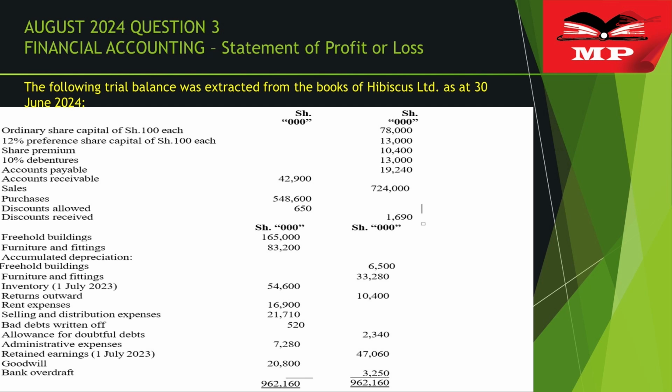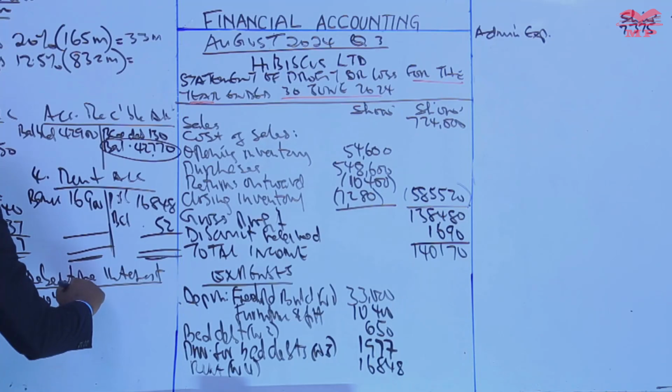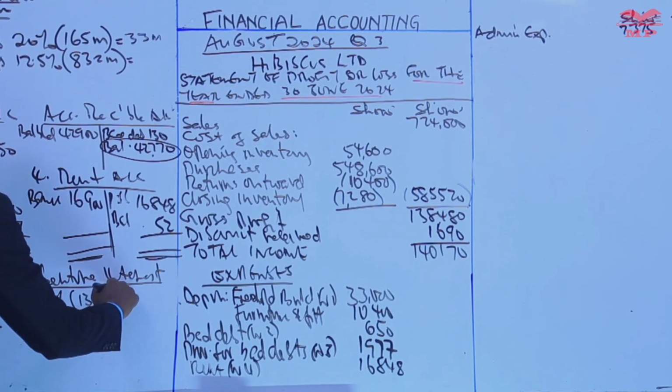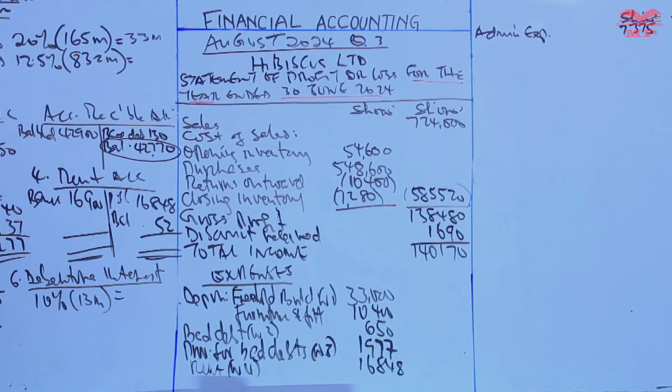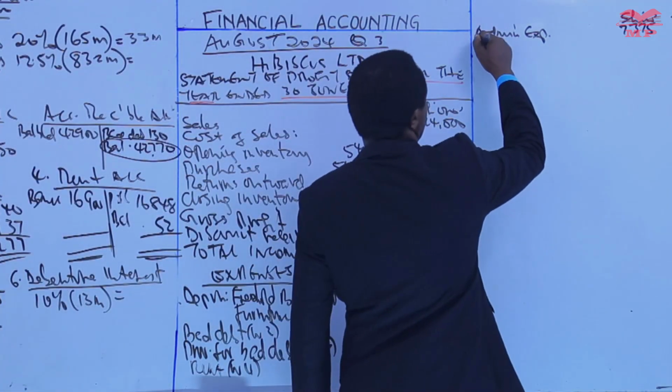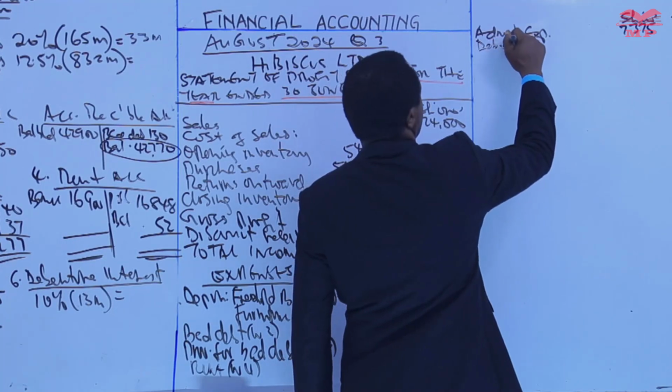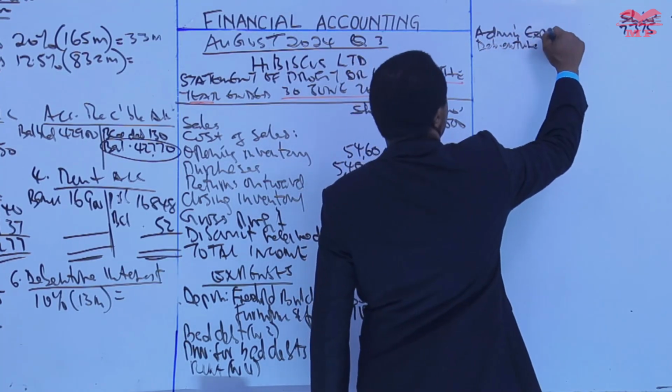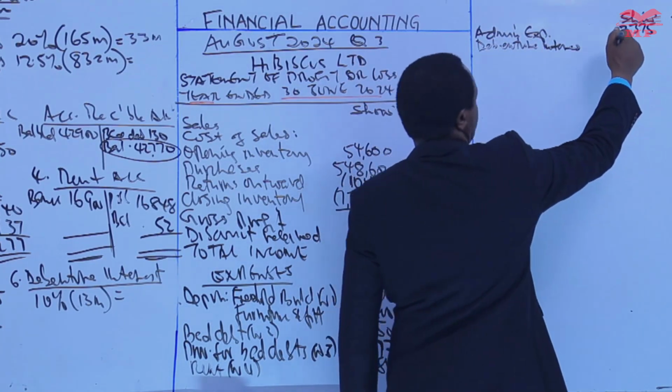So debenture interest is 10% times 13 million. How much is it? That should be 130,000, is it not? Or 1.3 million. Debenture interest, $1.3 million.